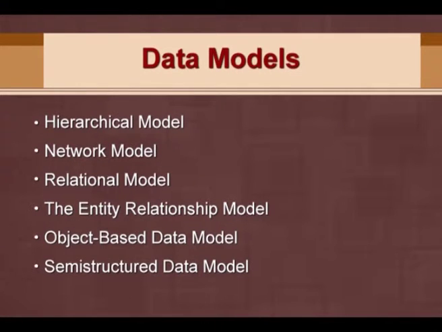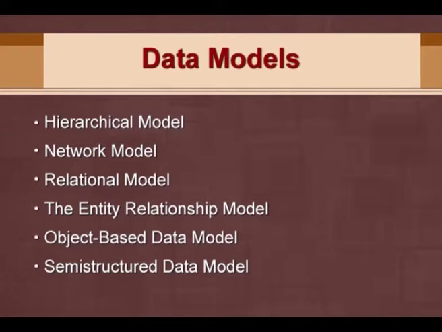So, here is the list of the data models we have. One is the hierarchical model, network model, relational model, the entity relationship model, object-oriented data model, and semi-structured data model. Among the things displayed here, the hierarchical model and the network model are the old models, the relational model is moderate, and right now we have object-oriented relational models and the semi-structured data models popularly.